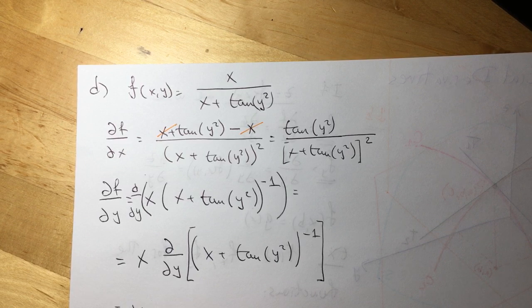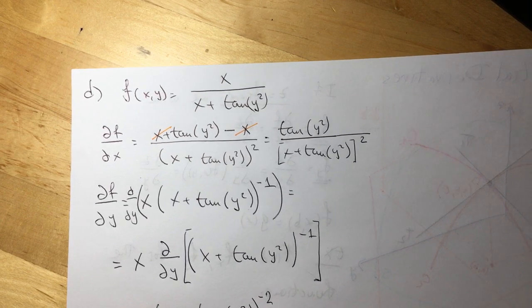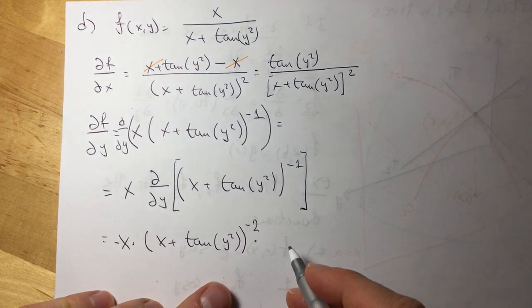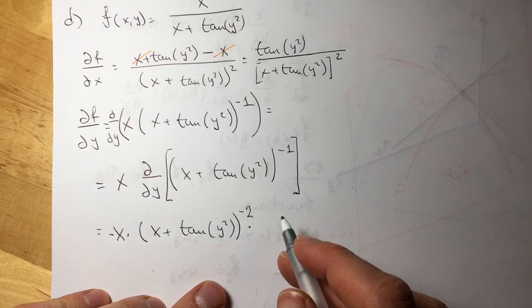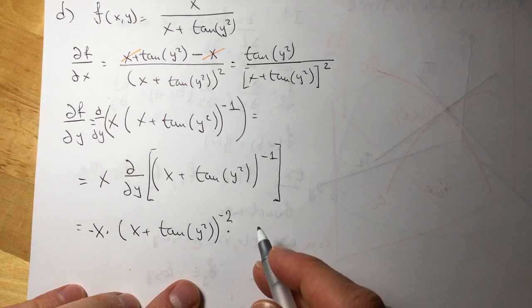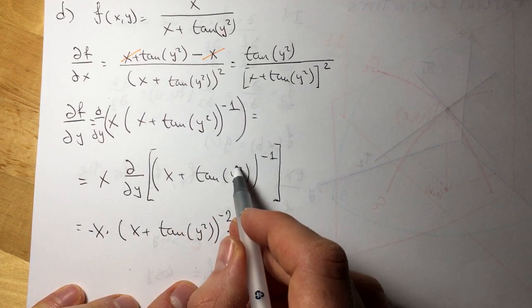the derivative of the function, which is equal to x times -1, the exponent drops down, x plus tangent of y squared to the power of -2 times, by the chain rule, the derivative of the expression here in the parentheses.